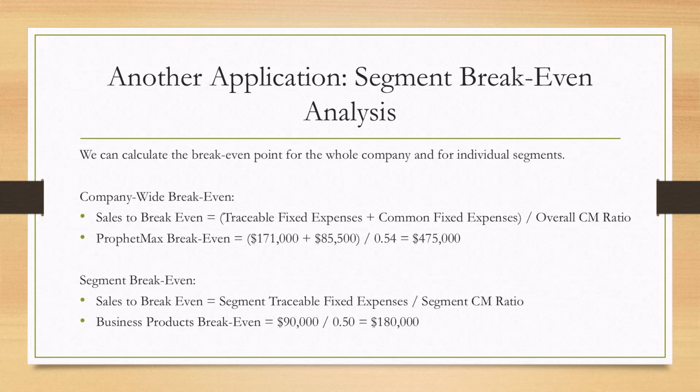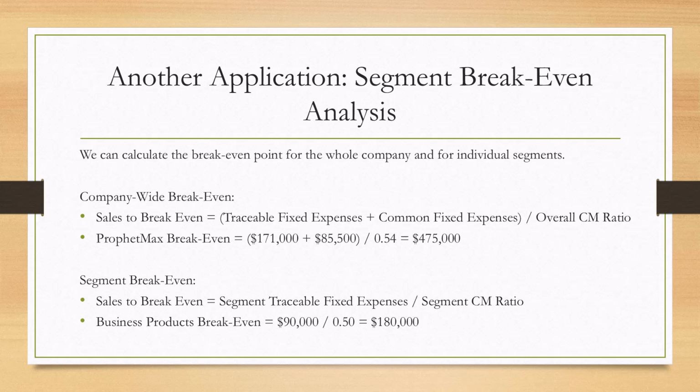For the company-wide break-even, the formula is the sum of traceable and common fixed expenses divided by the overall contribution margin ratio. For ProfitMax, this comes out to a break-even point of $475,000 in sales.